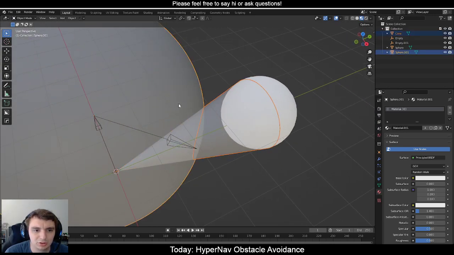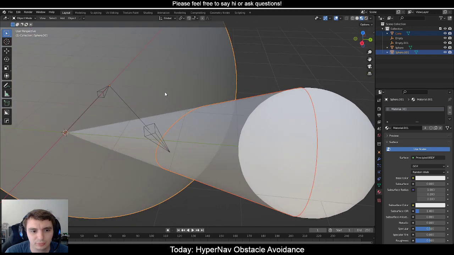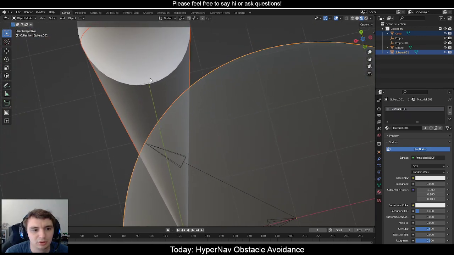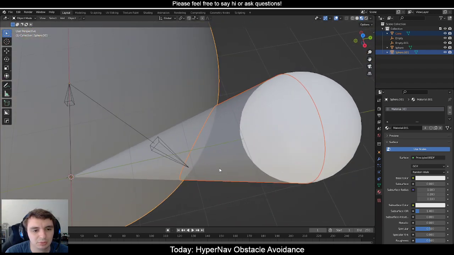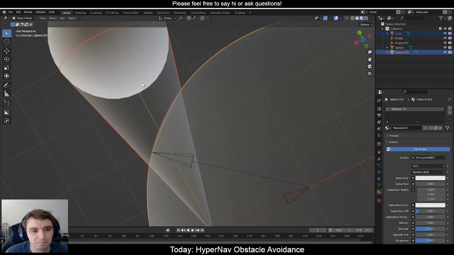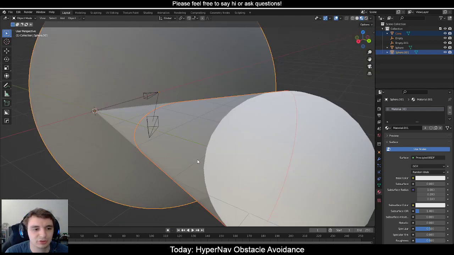Now, this should show us that the intersection between these is not an ellipse. It's some other weird shape. Okay, so this just got harder.